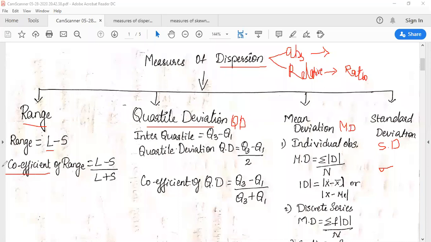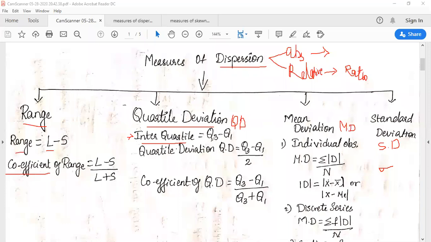Next, going on to the next measure, that is quartile deviation. In quartile deviation, we have first the interquartile range. Since we came up with range, interquartile range is a small continuation of that. Here we are supposed to calculate the difference between Q3 and Q1.